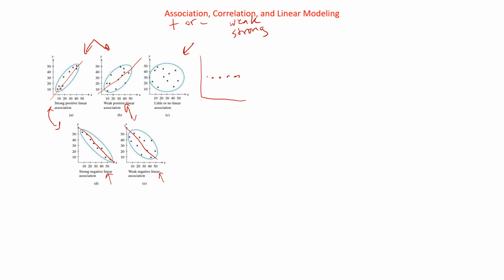So would something like this. Looks like a perfect quadratic, but is it going up or down? It's going up, then it's going down. That would have a correlation of 0 because correlation describes how close to a linear fit it is. Not how close to any fit, how close to specifically a linear fit.